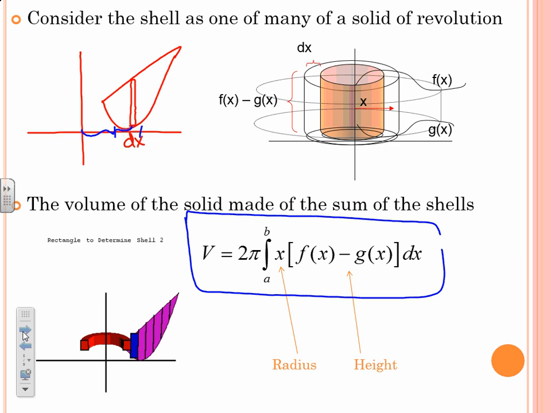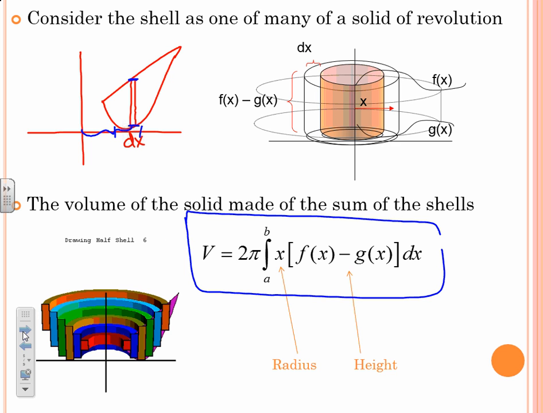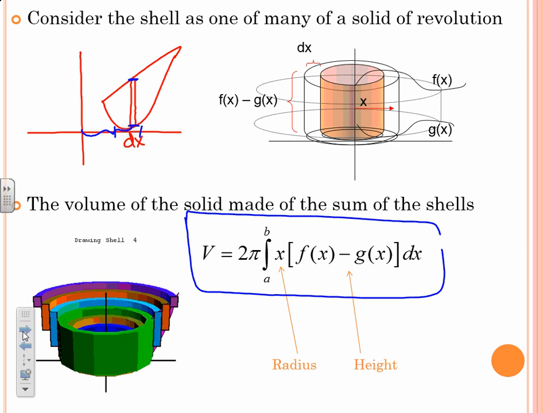If we're doing the shell method with respect to x, we're still doing top minus bottom to get the height of our rectangle. We can do the same process for y's, replacing all the x's with y's. But let's master this first, and then we'll talk about doing it in terms of y. But yes, you are on the right track.